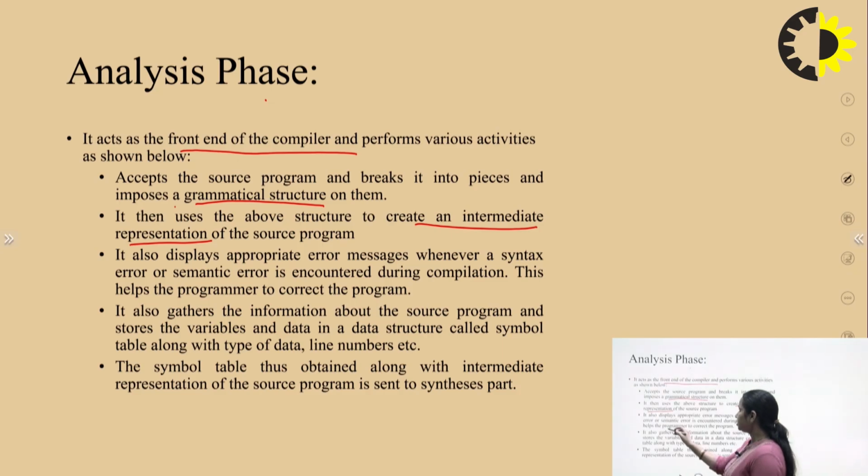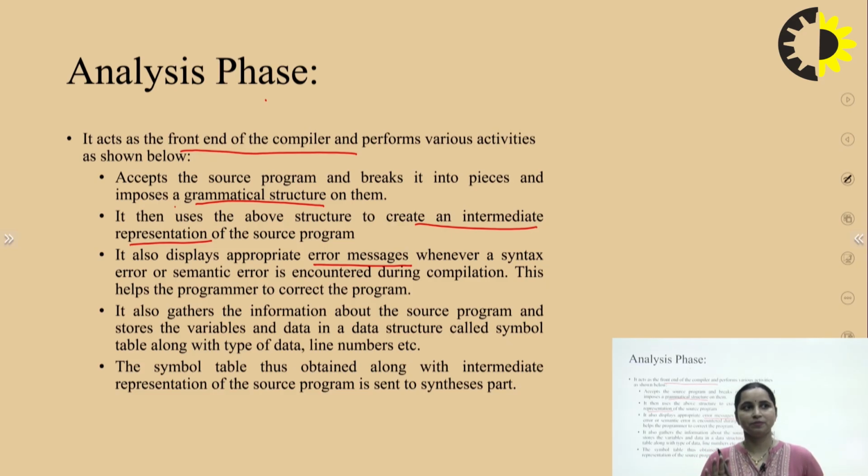Then it also displays the appropriate error message. In the analysis phase, an error message is popped up whenever there is any syntax error or semantic error, whatever type of error is encountered during the process of compilation.